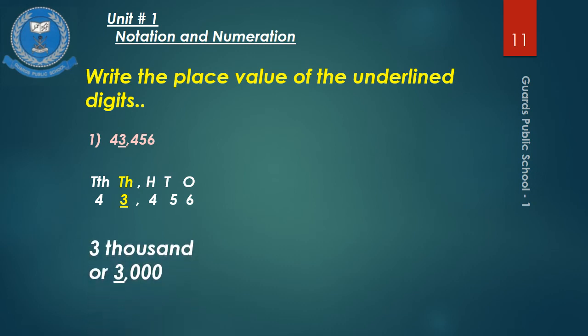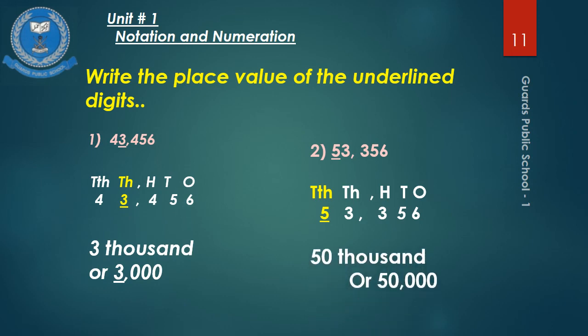You can write it like this, 3,000, or in figures 3,000. In the same way, the second question is again a 5-digit number, 53,356, and here the 5 is underlined. So what will be the value of 5 here? 10,000. Yes, this one is called 50,000. Okay.